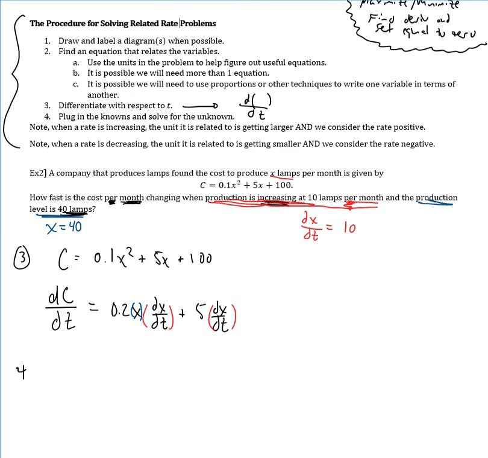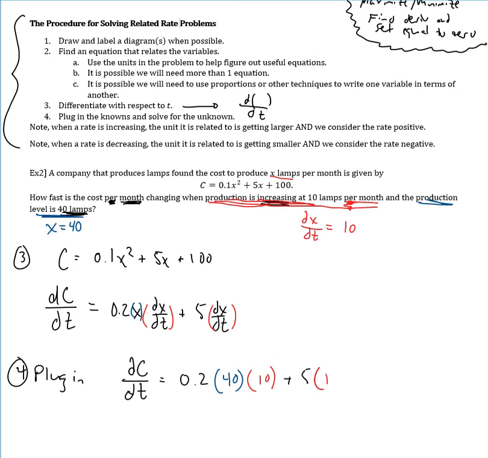So now step 4, let's plug in those variables. We'll have dC/dt is equal to 0.2 times x, which is 40, marked in blue, times dx/dt, which I've marked in red, is 10, plus 5 times dx/dt, which is 10 still.